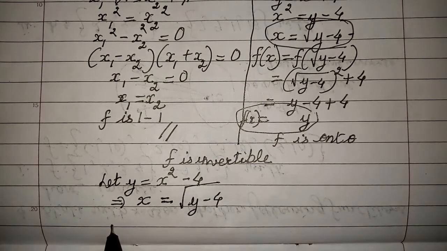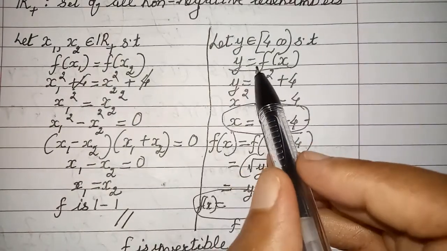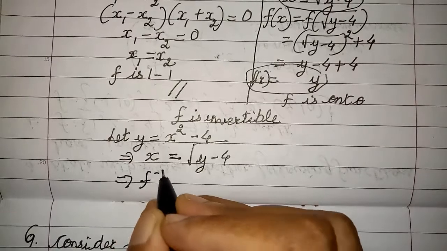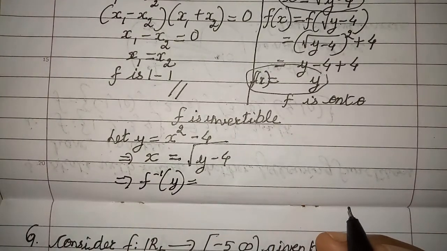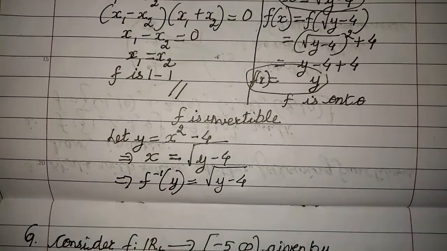Now, your y was f of x, so I can very well write my x as f inverse of y, that is equal to square root of y minus 4.